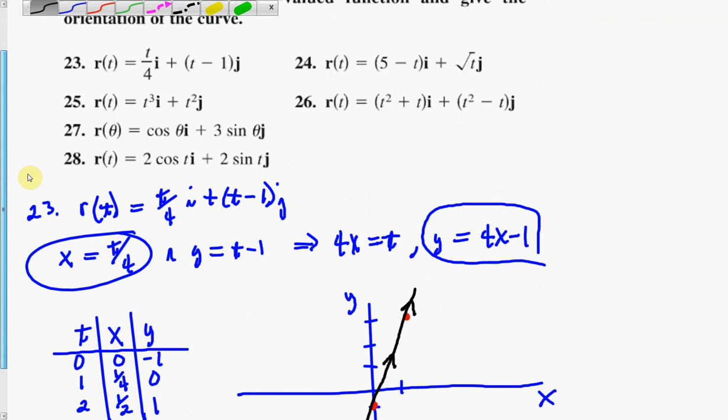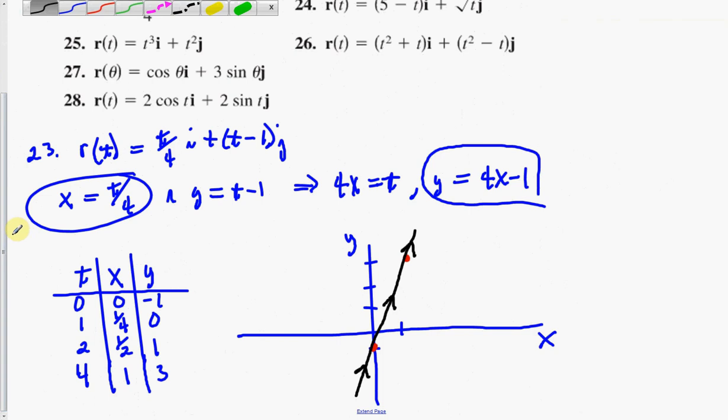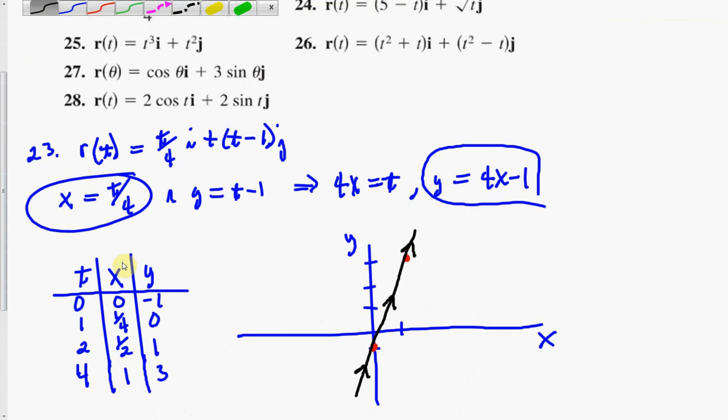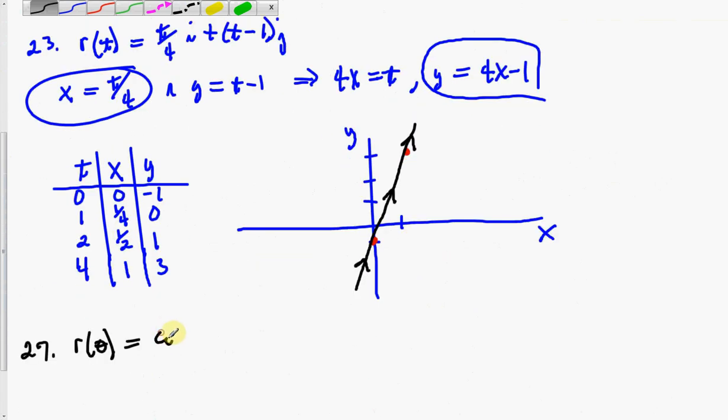Let's look at another one. Consider number 27. So r of theta is equal to cosine theta i plus 3 sine theta j.